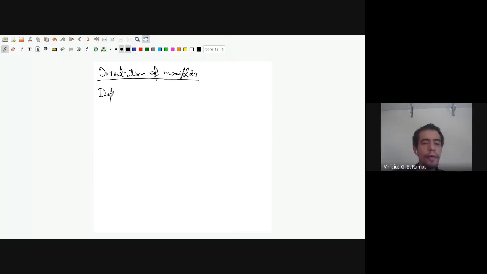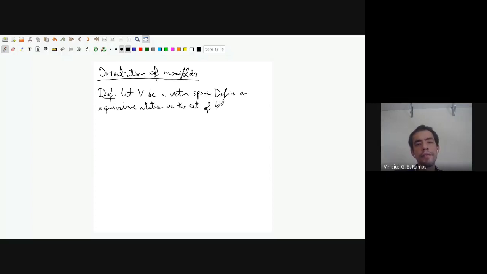Anyway, first of all, we have to talk about an orientation of a vector space. So let V be a vector space. We can define an equivalence relation on the set of bases of V as follows.